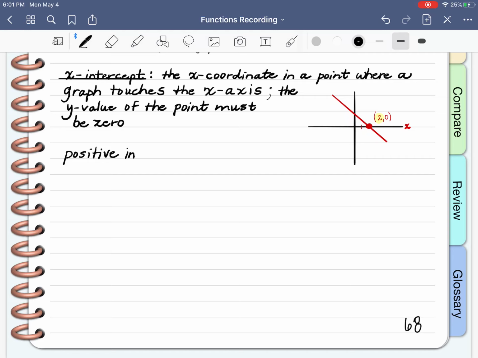This is not one that we've talked about. When you see the word interval in a math book, or really anywhere, you can think of the word section. So this is the positive section of a graph. And the positive interval is the values in the domain.